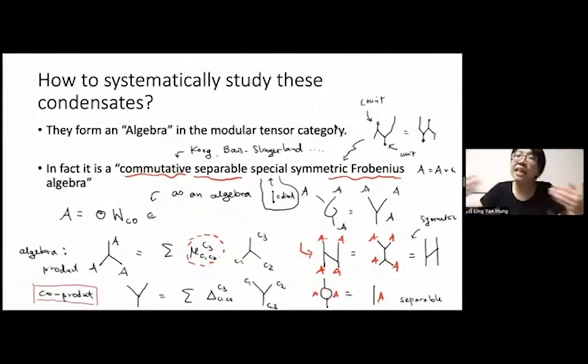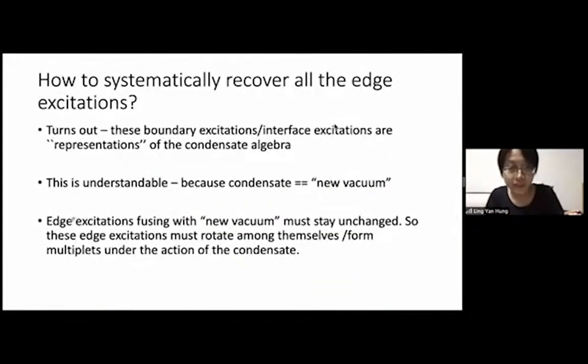So this is how you determine whether an interface or a gapped boundary can be characterized by the condensation of some of these anyons in a mathematical way. Then how do I determine what are the excitations that are allowed on the boundary? So I already mentioned, when I have an anyon fusing with some part of the condensate, it might get related to another anyon, and it should form a bigger multiplet.